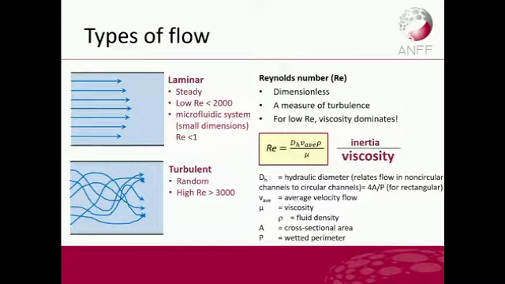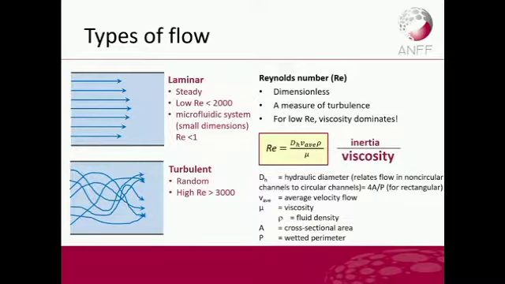Types of flow in microfluidics are mainly dominated by laminar flow. Anyone who has done fluid mechanics would have encountered the Reynolds number. The Reynolds number is a dimensionless number. It's a measure of turbulence, and it's basically looking at inertia versus viscosity.